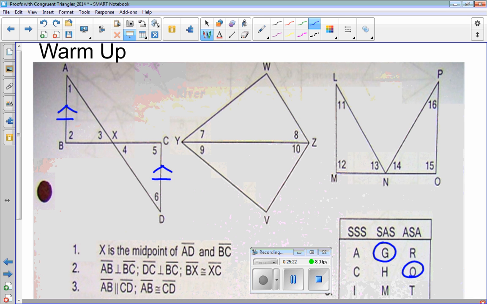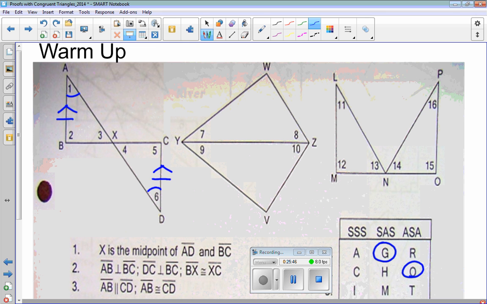Based on that, what angles are congruent? Not 1 and 2. 1 and 6. I agree with that. So angles 1 and 6 are congruent, and they are congruent because if lines are parallel, alternate exterior angles are congruent. Do I have another pair of congruent angles?